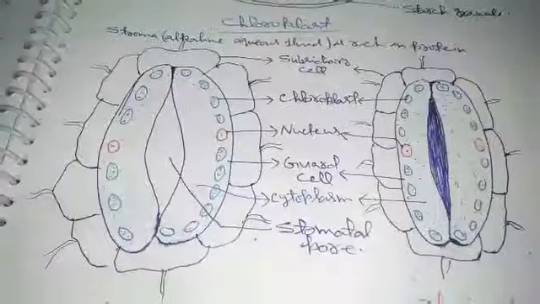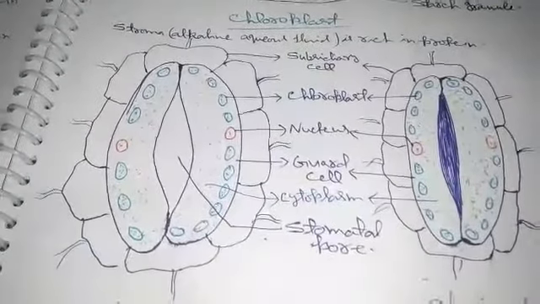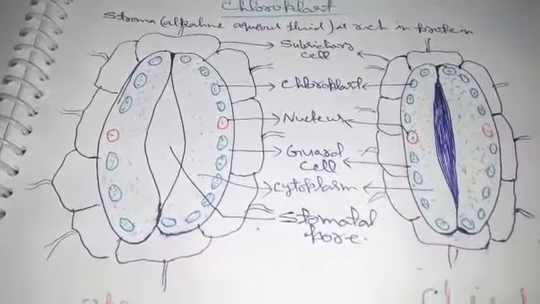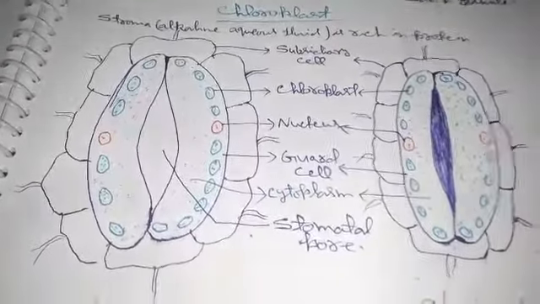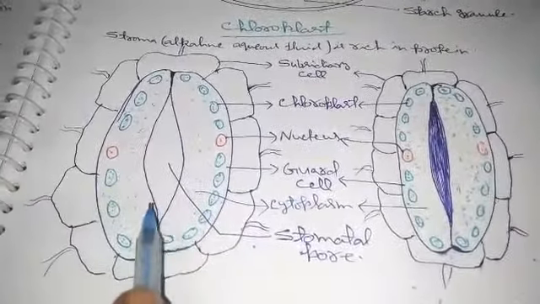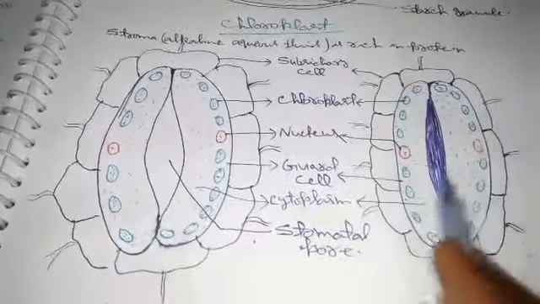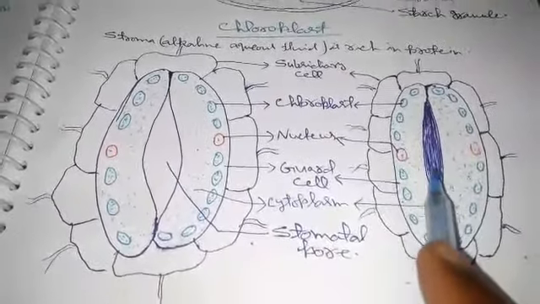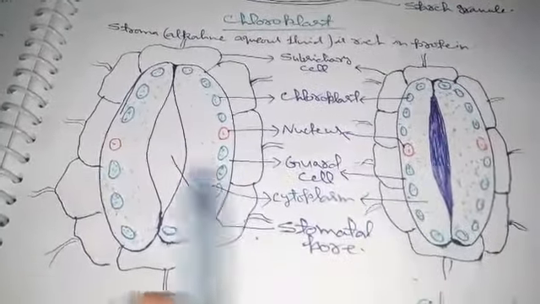About stomata, from which carbon dioxide enters into the leaf, which is necessary for photosynthesis. This is the structure of open stomata, which are open in daytime, and this is the structure of closed stomata, which are closed in night time.